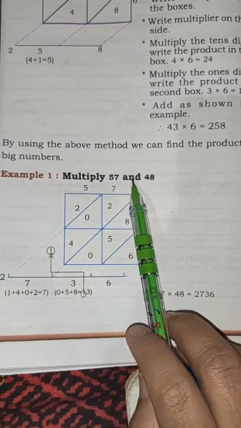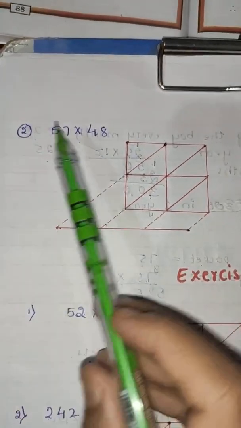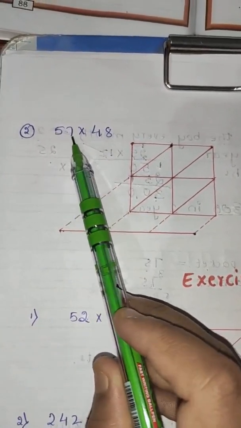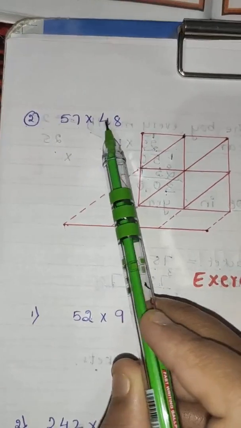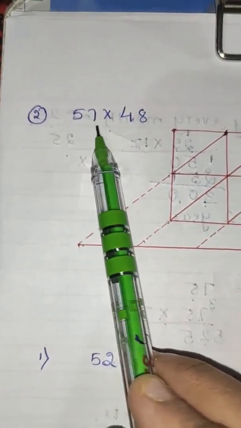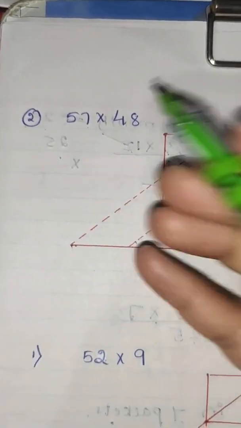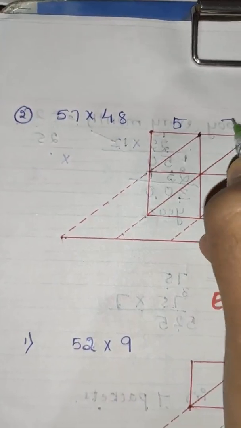Multiply 57 and 48. So 57 into 48. This 57 is the multiplicand, whereas 48 is the multiplier. Now you tell me where I have to write this multiplicand. It should be written above the boxes, right? So 5, 7, 57.